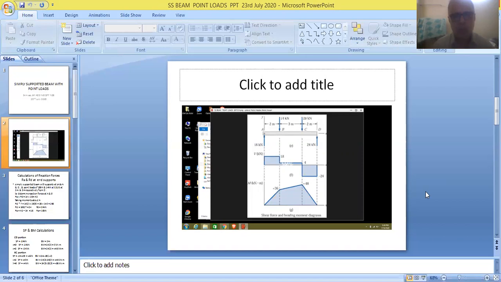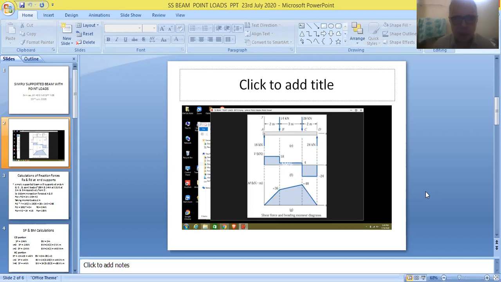We have to measure the values of shear forces and bending moments at various points in the beam, and taking all these values we have to construct diagrams called shear force and bending moment diagrams.